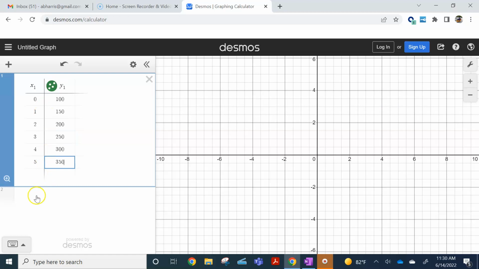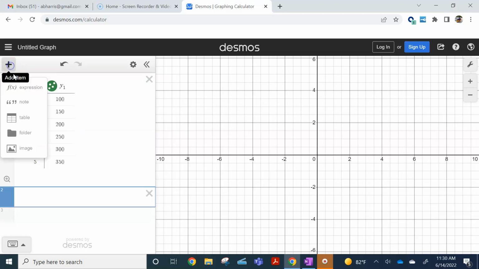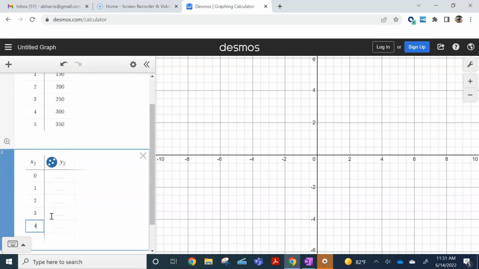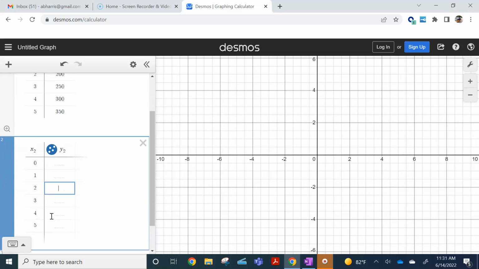I know you can't see that yet, but I'm going to change my window. And then let me hit that plus again. Do another table this time. This is Company B. Started out with 100, and 50% of that added to it.